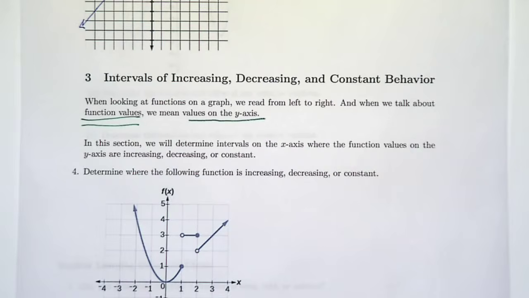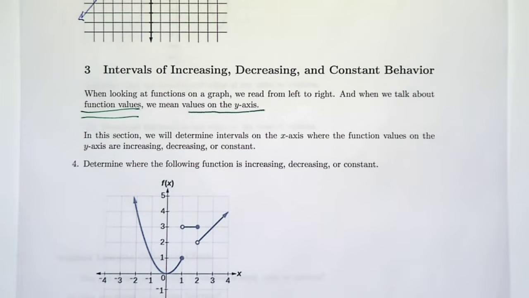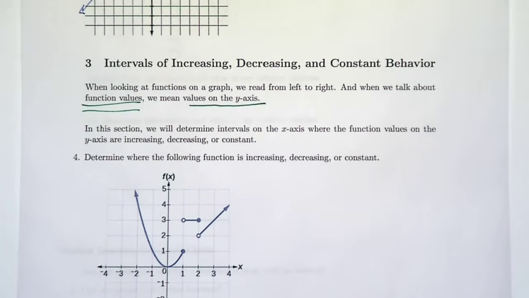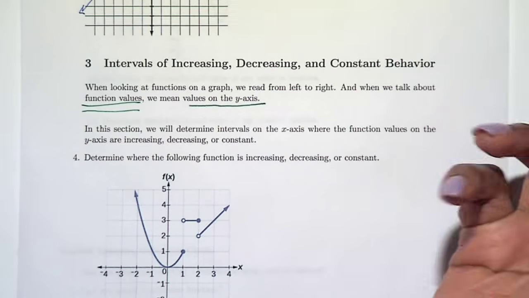We're talking about y values. All right, so in this section we will determine intervals on the x-axis where the function values on the y-axis are increasing, decreasing, or constant. So even though we're looking at y values, we label them using x values because that's the location that it happens. Okay, so we just want to find increasing, decreasing, or constant.